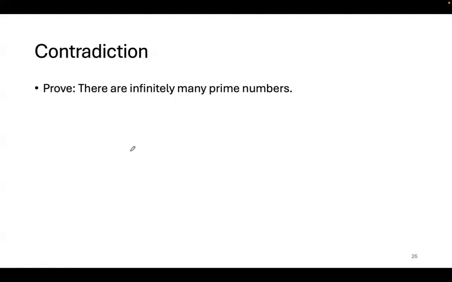Okay. I would like to prove that there are infinitely many prime numbers. So the people in 485 got that the square root of 2 is irrational. You guys get that there are infinitely many prime numbers.